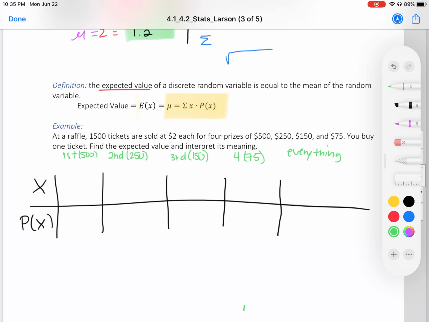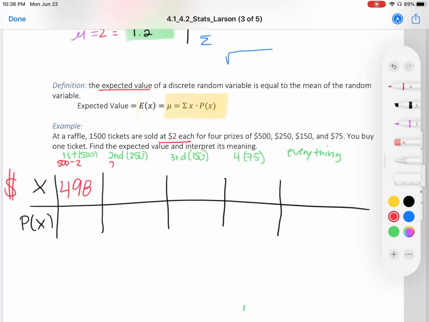Now let's figure out our x, our number in dollars. How many dollars are we winning? That's what we want to consider. Now, whether you win or lose, you still have to consider those initial $2 you used to buy your ticket. So if you win first place, we would have to figure out 500 minus the $2 you put as an investment. So your x would be 498, 500 minus 2.